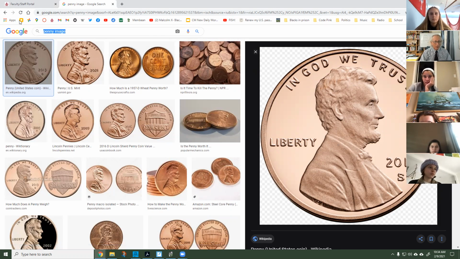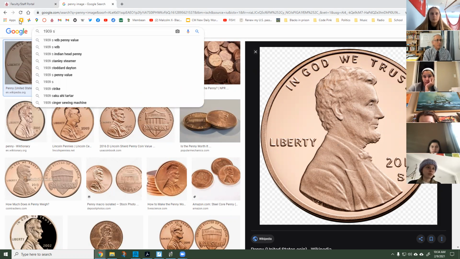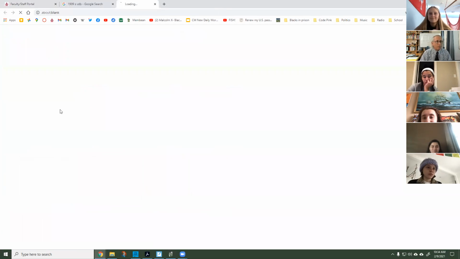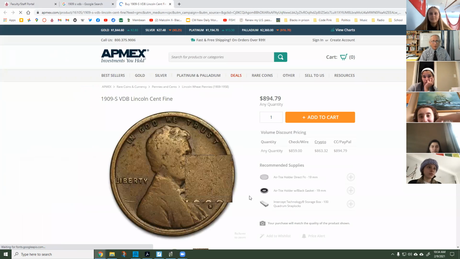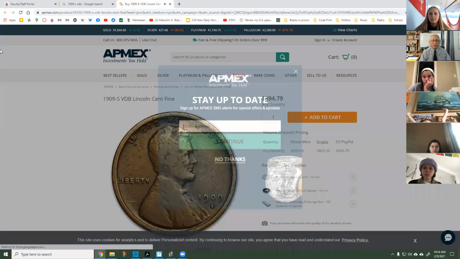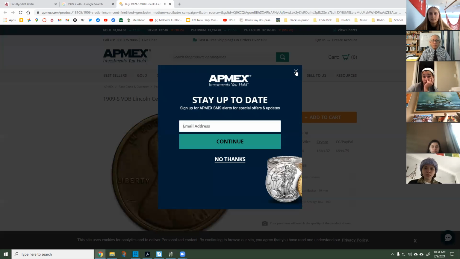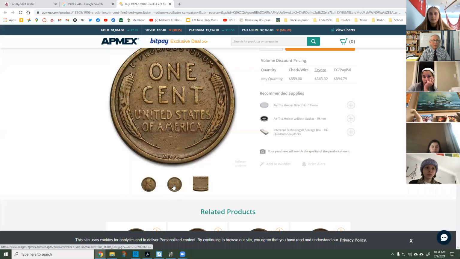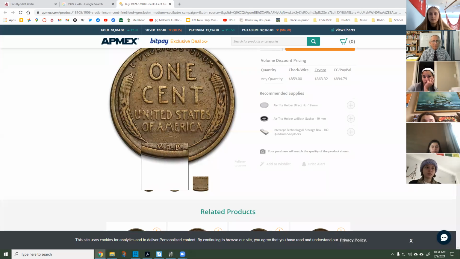Let's see if I can call it up. 1909 SVDB penny. I still have this penny actually, so here we go. This is a 1909 S, and on the back of this penny, it has these three letters, VDB. Can you see that?